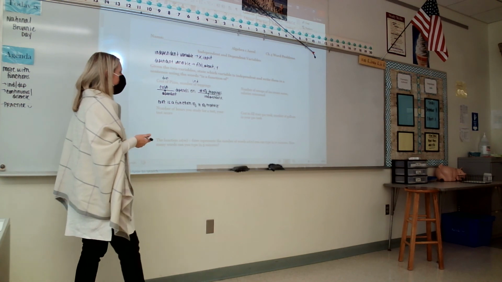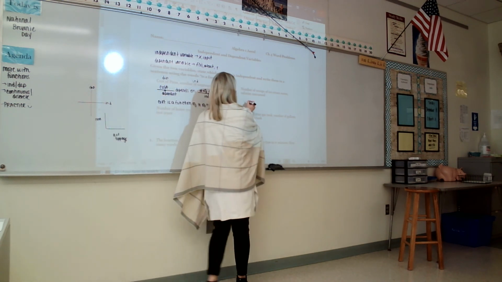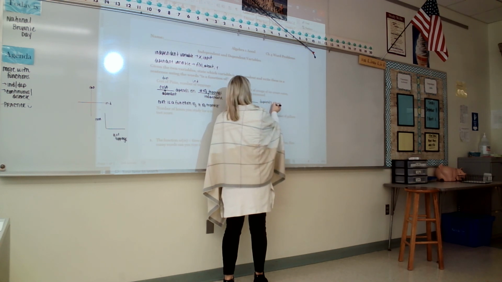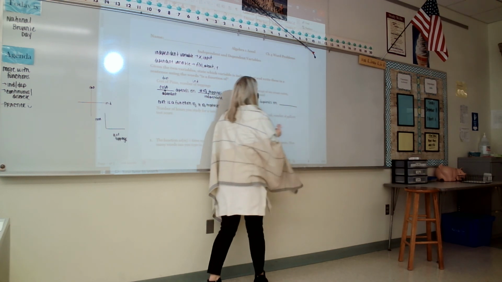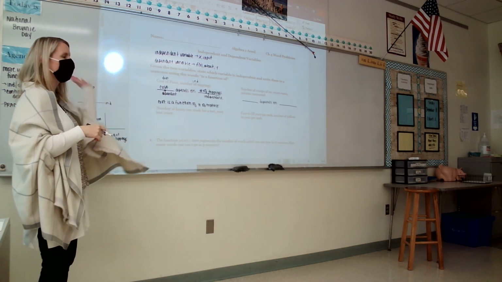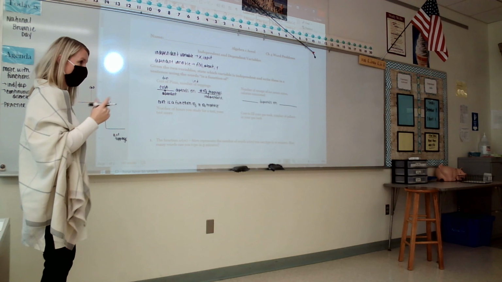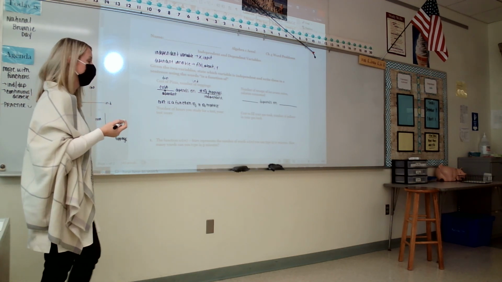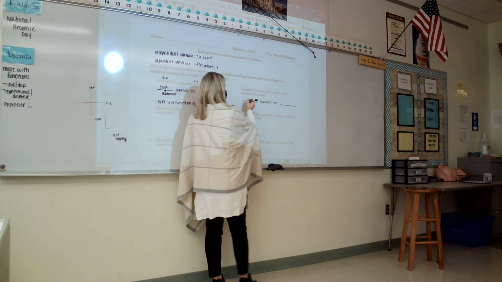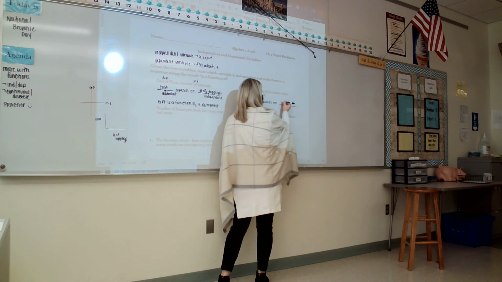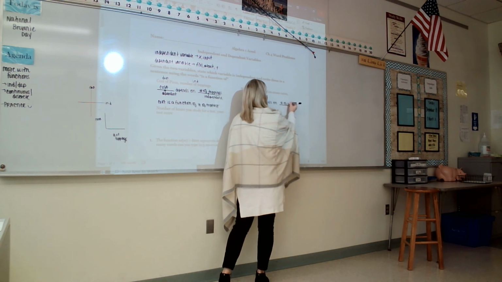Number of scoops of ice cream and calories consumed. So think about which one is independent. Which one could you just know and the other one doesn't really matter? The number of calories consumed depends on the number of scoops. Because in order to know how many calories you consumed, you have to know how many scoops you had.